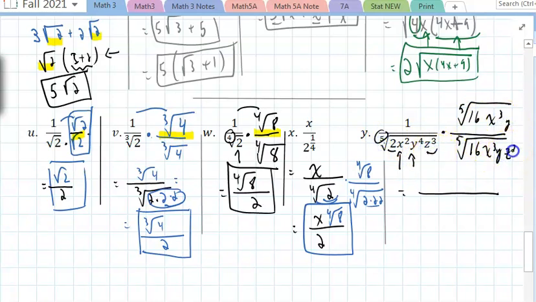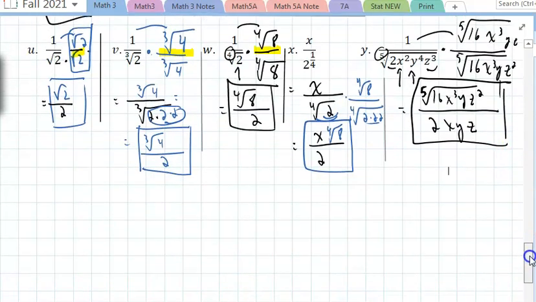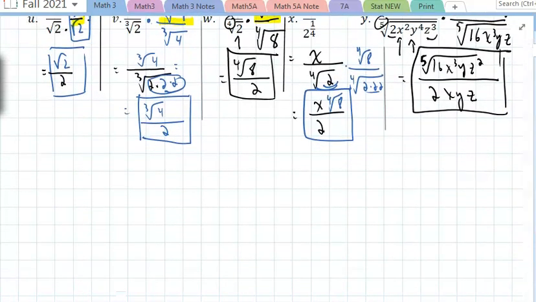To make them a 5, I need 2 more. Now the top, 1 times any quantity is that quantity. And if I did this correctly, I should be seeing a simple 2xyz in the denominator. And that's pretty much it for this section.